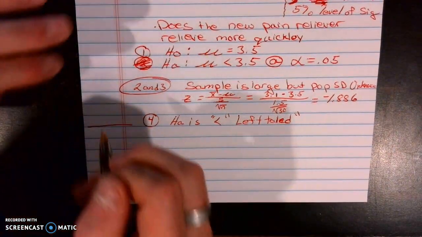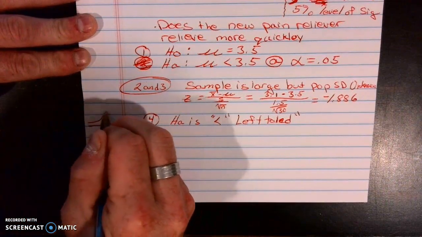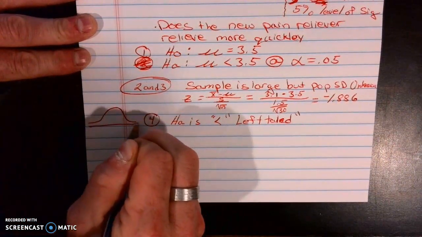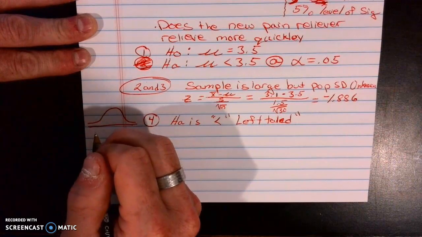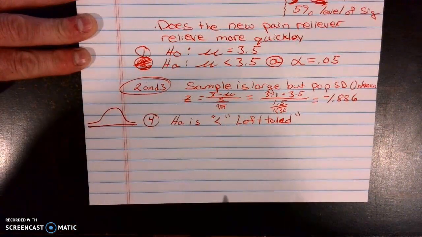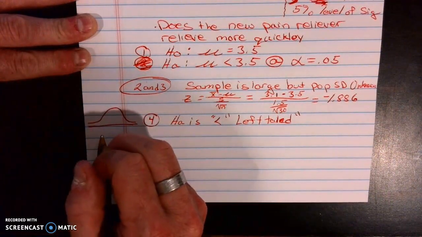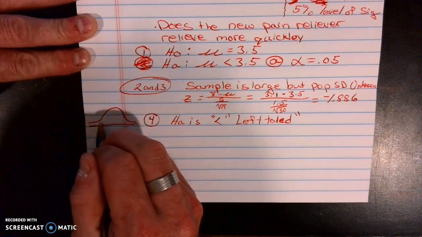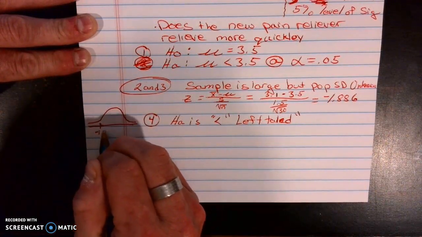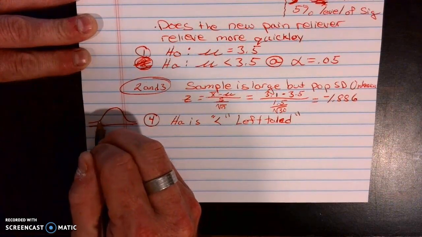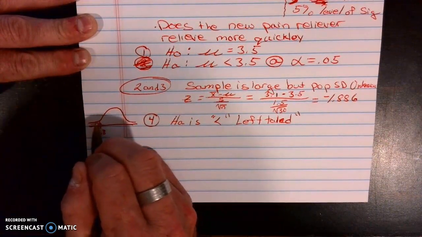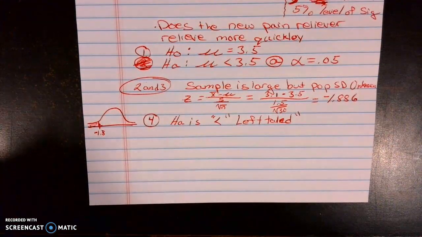But essentially what we're talking about here is that if we have a bell curve right here, and we're saying it's less than, we're talking about this value right here. So we could call this negative 1.8, okay, and we're actually talking about this left tail over here in this region.